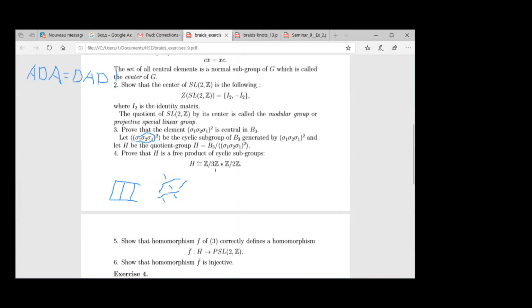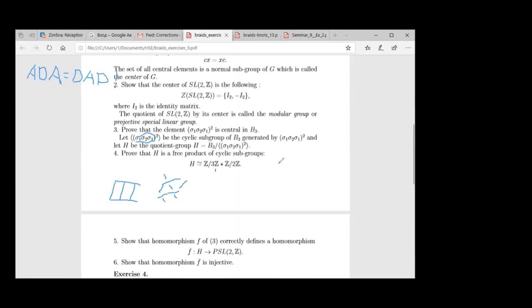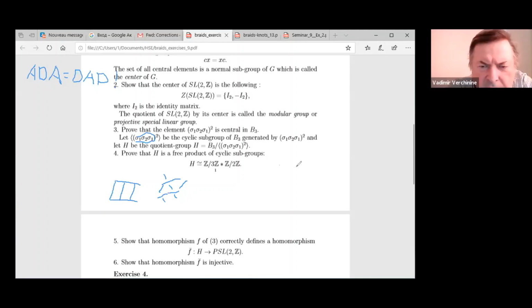Can you explain again the draw of sigma 1, sigma 2, sigma 1? Sorry? I don't get it. The draw on the right. Yeah, how do you get it? Okay, very good. Sigma 1. Okay.